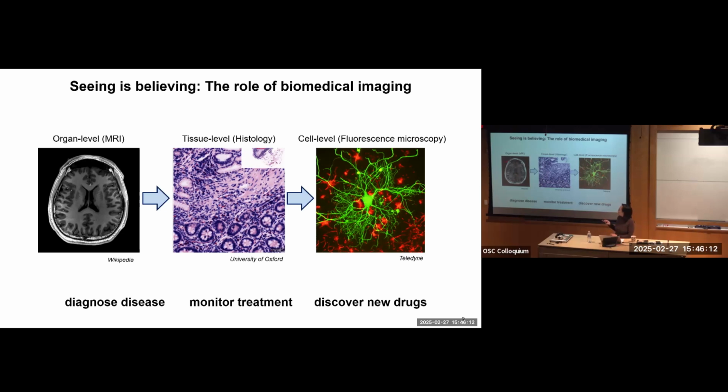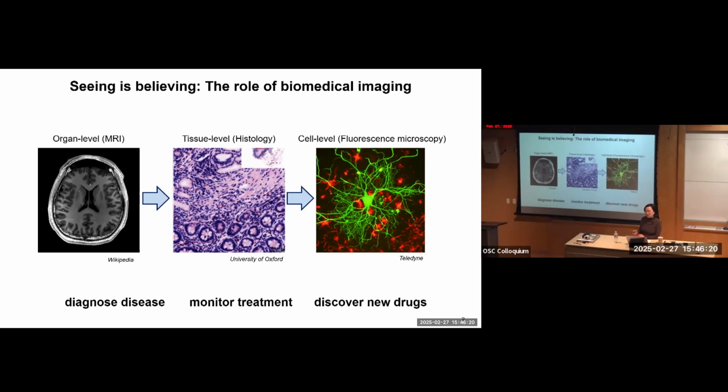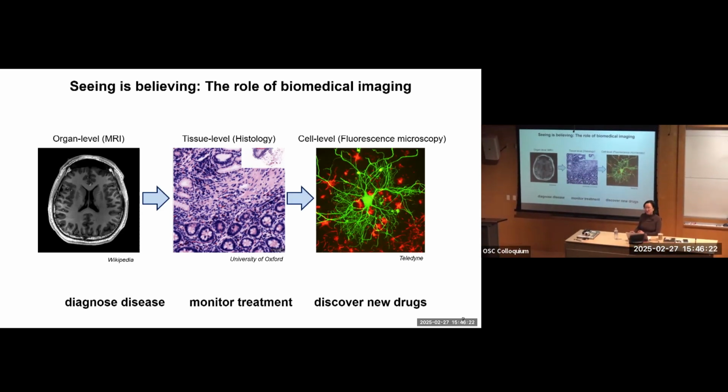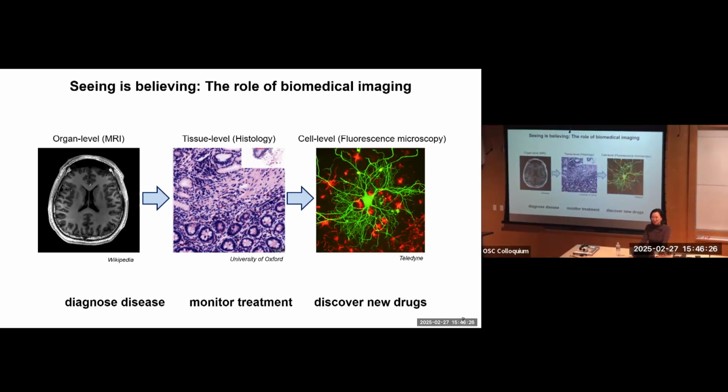MRI can offer whole organ level imaging in a non-invasive manner, and histology can help us visualize tissue level morphology. Taken a step further, fluorescence microscopy can help us see inside the cells or even do single molecule imaging.